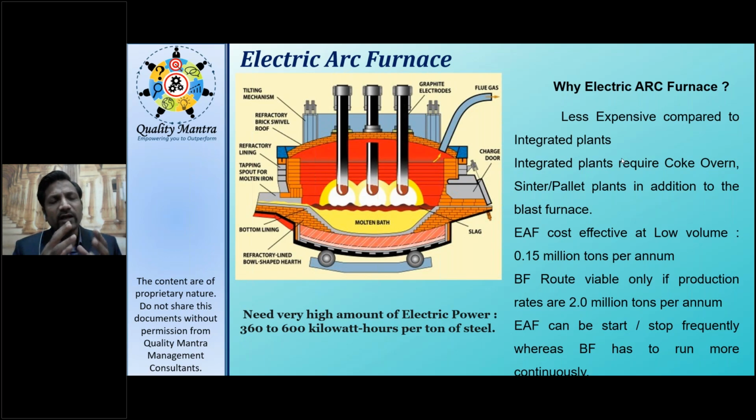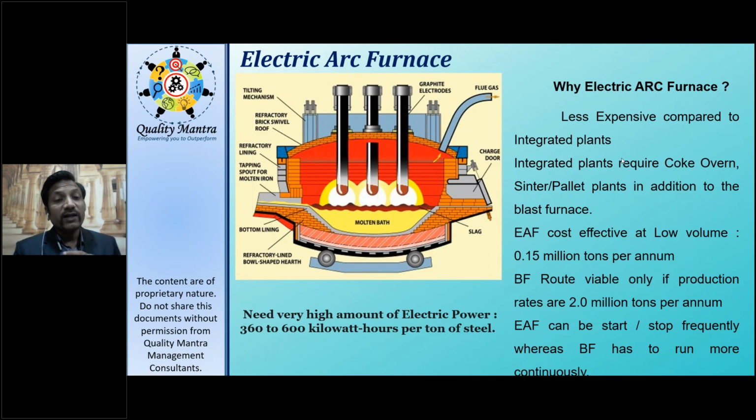Okay, so because of this the electric arc furnace has emerged, and it is becoming popular. Still around 25% to 30% of the total steel production is through the electric arc furnace route, because the majority of the big plants, like JSPL, JSW, ArcelorMittal, worldwide also, even Nippon Steel in Japan, are big plants, all through blast furnaces, but small plants are through the electric arc furnace. But there is one thing, the requirement of electricity.